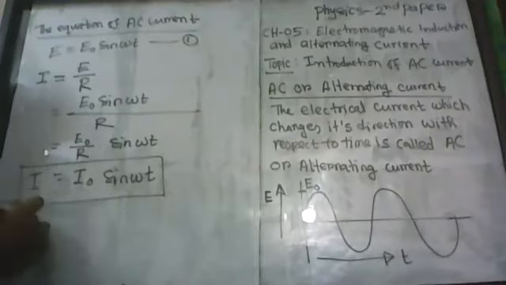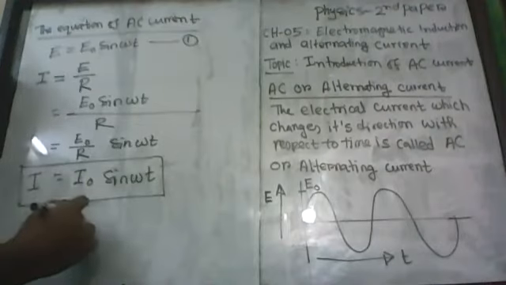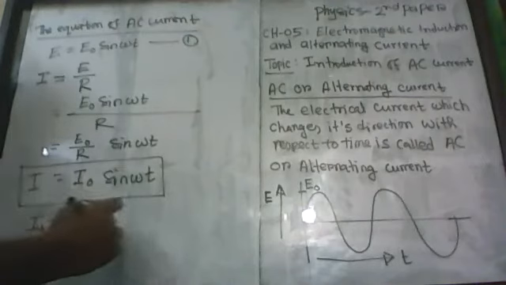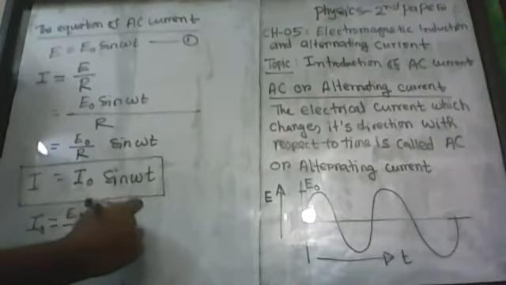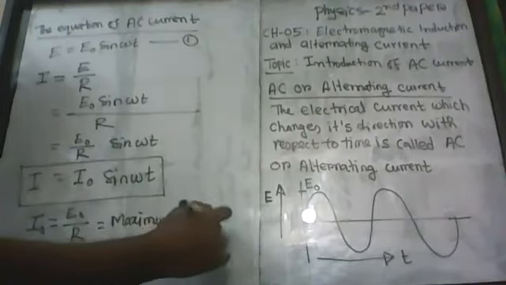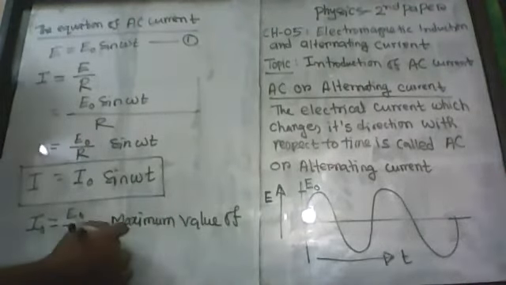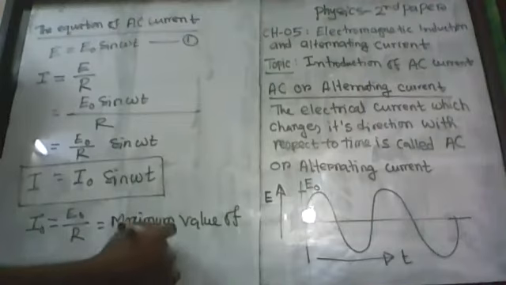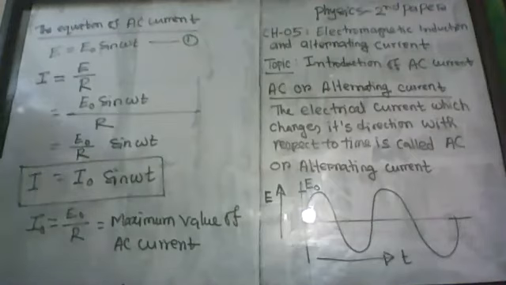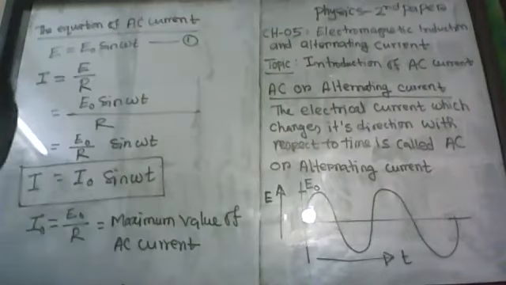So here the peak value or maximum value of AC current will equal E naught divided by R. Peak value or maximum value of what? Maximum value of your AC current.